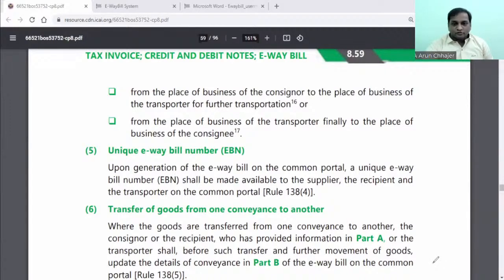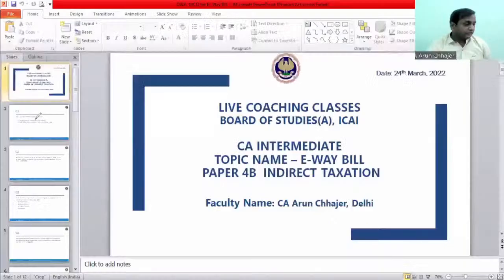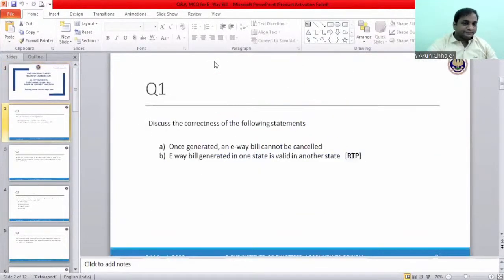We have to cover this also; we had left this question. The right answer is 24 hours.